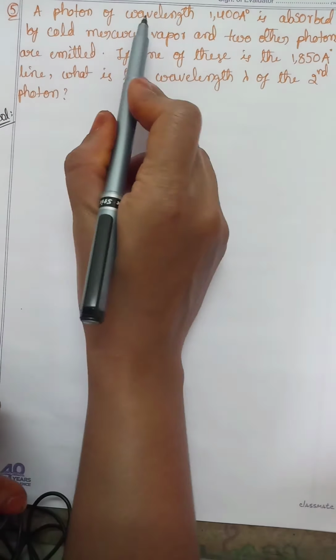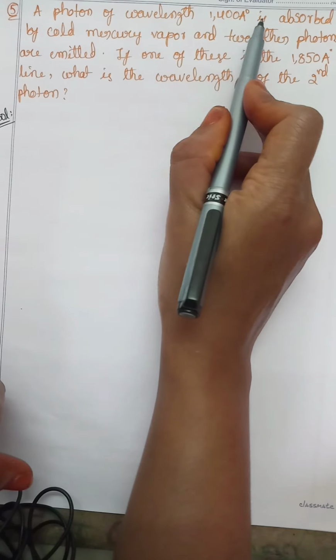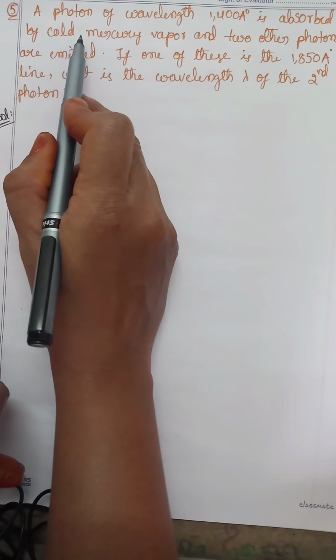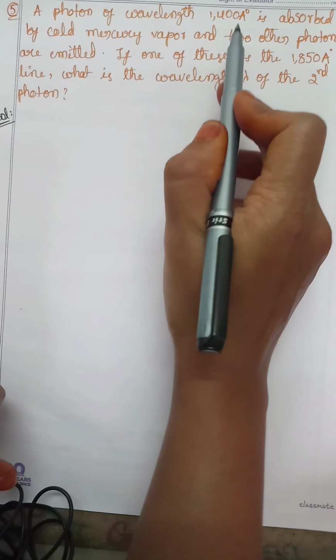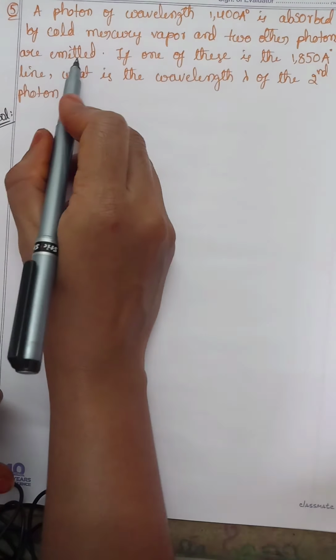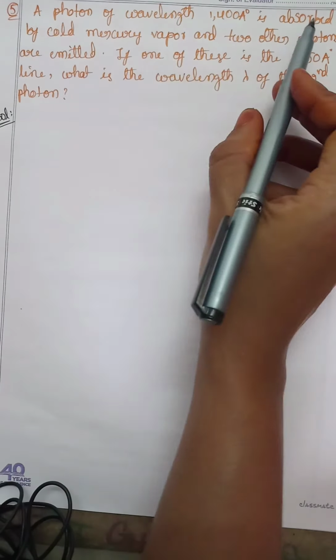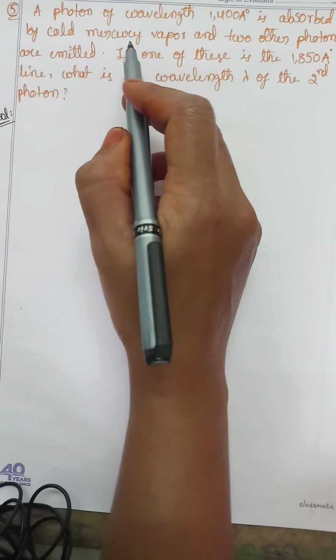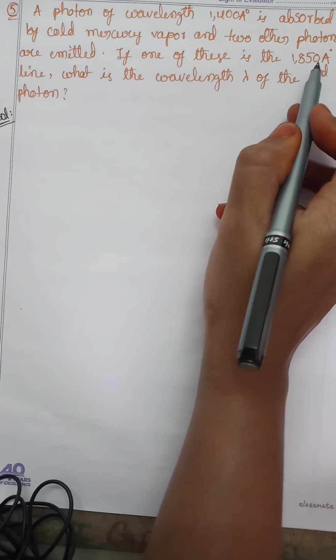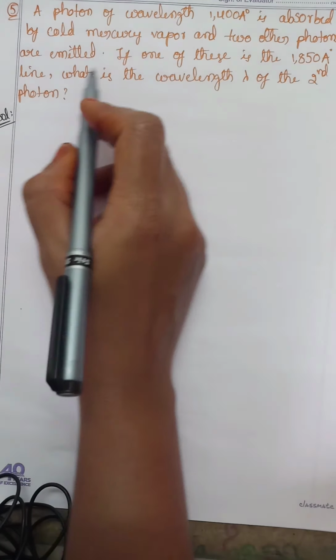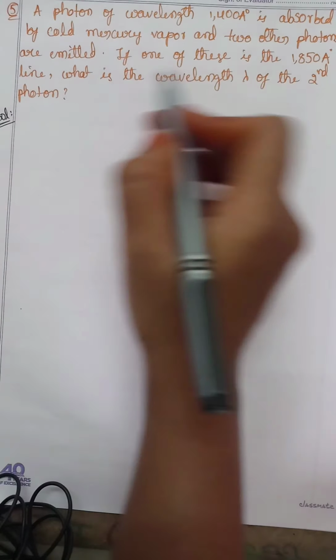A photon of wavelength 1400 angstroms is absorbed by cold mercury vapor and thereby it produces 2 other photons that are emitted. That means after absorbing a photon, it produces another 2 photons. If one of these is the 1850 angstroms line, what is the wavelength of the second photon?